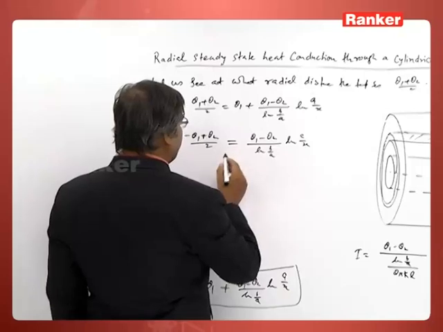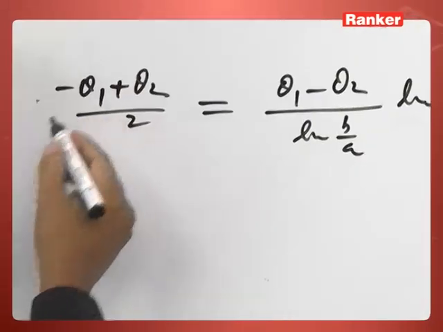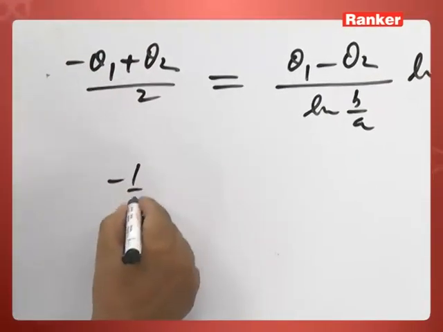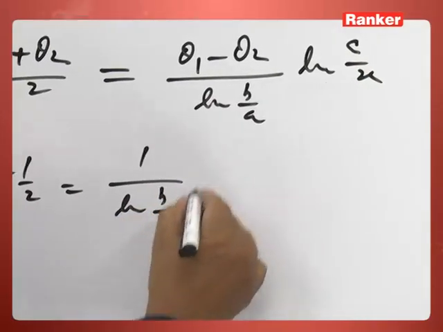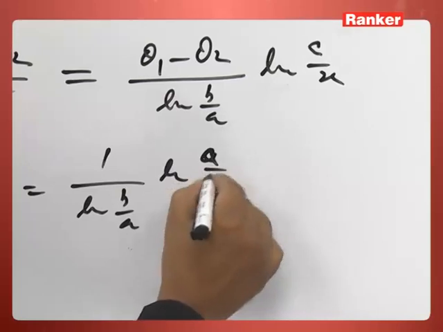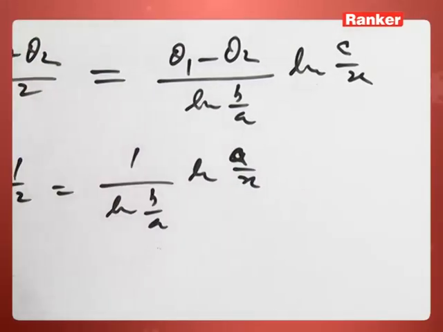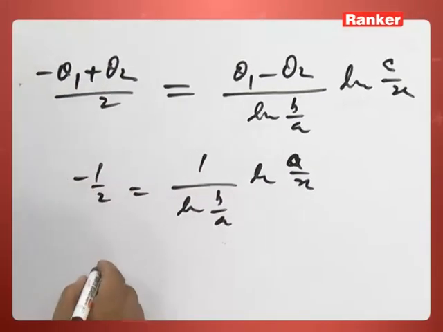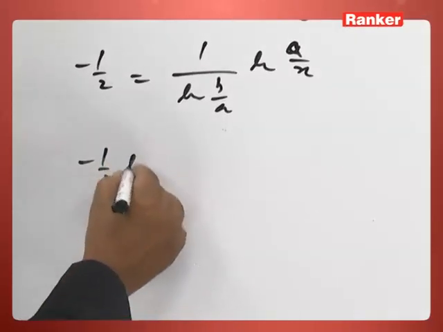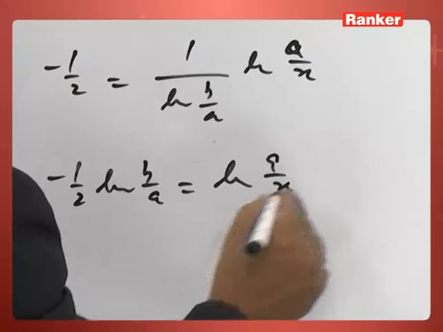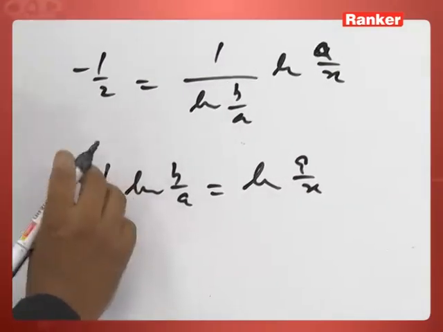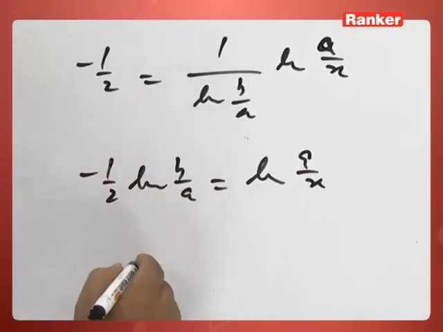So, here you see if I cancel it, there will be minus 1 by 2 is equal to 1 by ln B by A into ln A by x. So, again if I multiply this here, it will be minus half ln B by A is equal to ln A by x. So, we can bring this minus here, so it will be A by B.